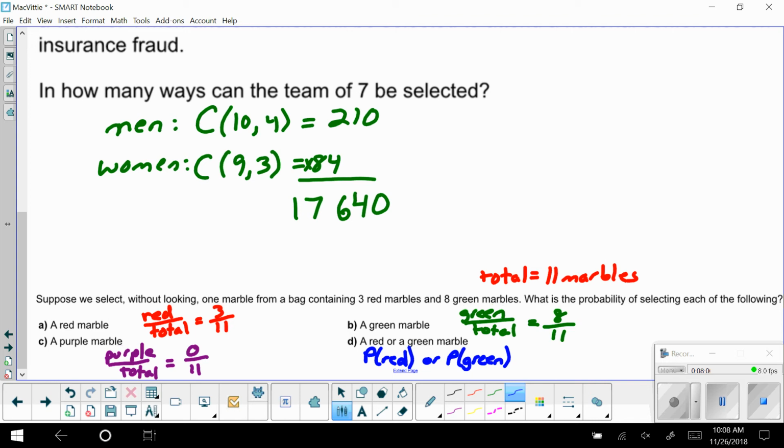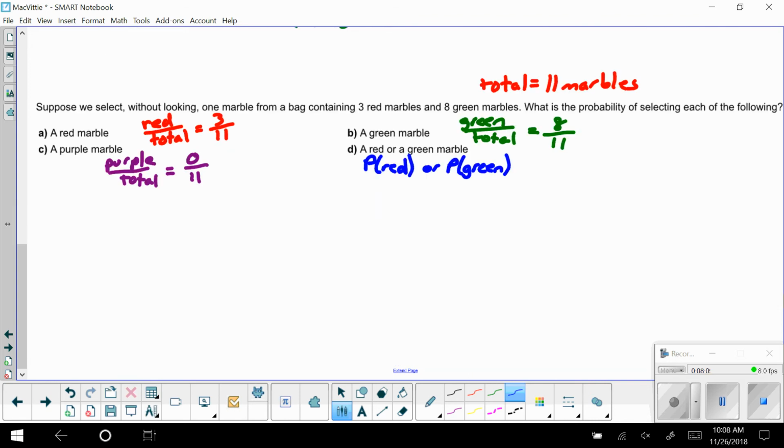So when we have them as independent events like this, that means I would want the probability of a red plus the probability of a green. If it were said and, this would be a times, because it says or, it's a plus. And that's only true when we're dealing with independent events where I can't possibly have something be both at the same time. But a marble can't be red and green at the same time, at least as we're told we only have red marbles or green marbles.